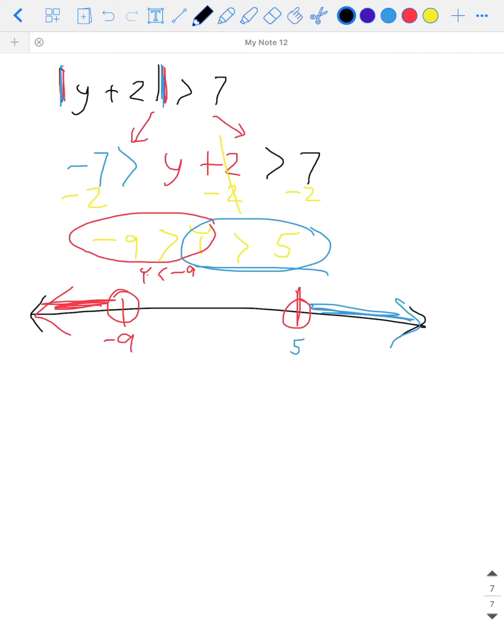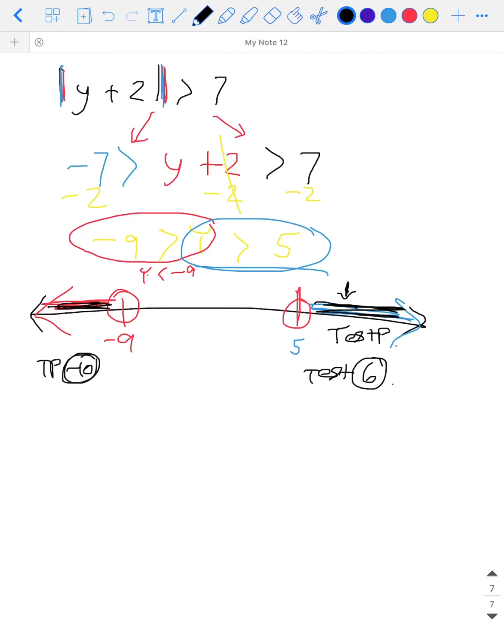And if you want, we can apply a test point. Applying a test point will allow us to make sure that the shaded region is actually the correct answers. So you can put a test point of negative 10, you can put a test point of 6. So I'm going to test negative 10 and 6 because they're in the shaded region, and I need to make sure that the shaded region is actually true.